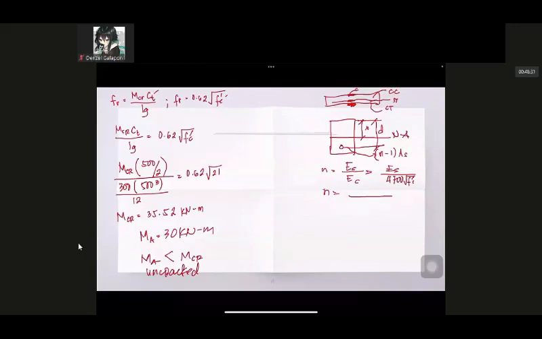Sir, maalala lang paano ang modulus of elasticity of steel or Es. Medyo hindi ko ma-recall, sir.